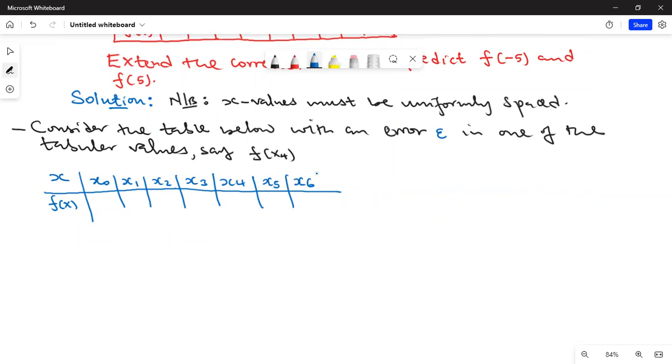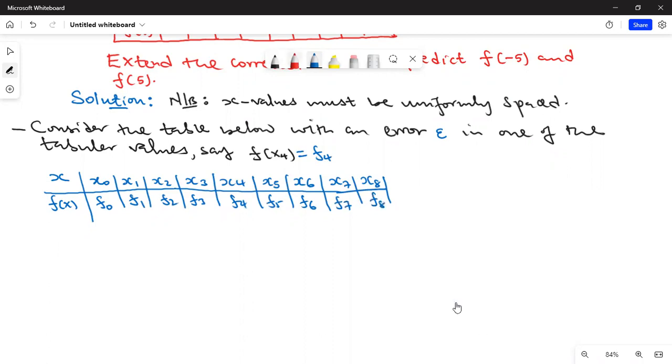We can go all the way up to, let's say, x10, but x10 will be too long for this particular table. Let's go up to x8. So x6, x7, then x8. And the f of x values, this will be f0. Remember, when we talk of f of x4, this is simply f4, which has an error. So f1, f2, f3, f4, f5, f6, f7, f8.